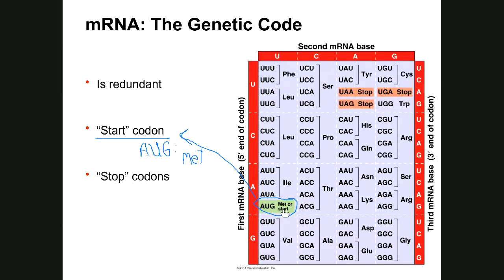But that's still not enough. It could be that in a single molecule of mRNA, there is more than one start codon, more than one AUG codon. So how would the ribosome know which one is the start one? In your notes, I gave it to you. The start codon, AUG, is embedded in a larger mRNA sequence called the Kozak sequence. So in your notes, I put down Kozak sequence.